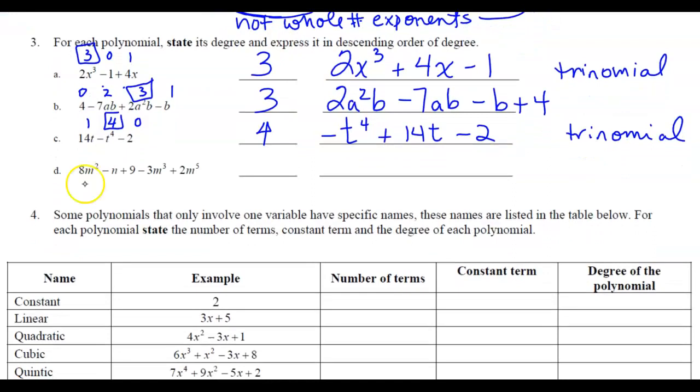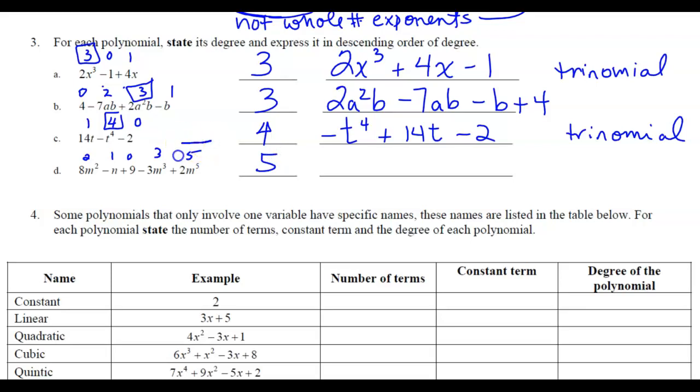And count up here. So this is degree 2, degree 1, 0, 3, 5. So we have 5 terms. No special word for 5 terms, but the degree is 5. Just happens that way, right?